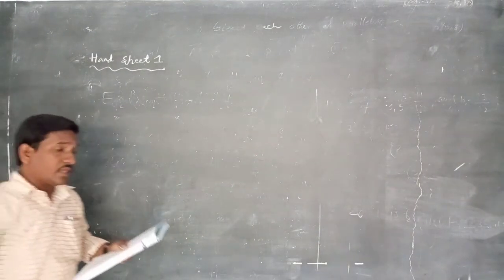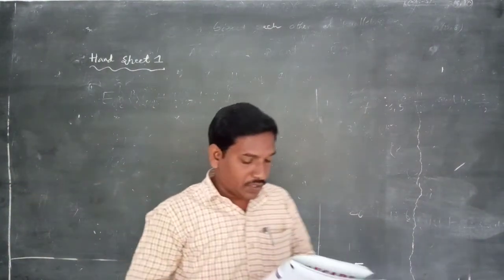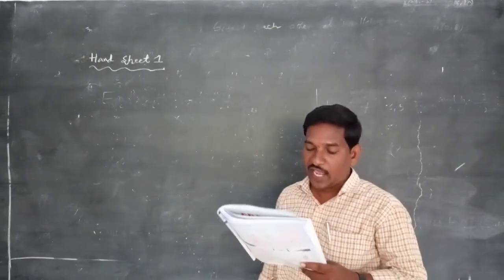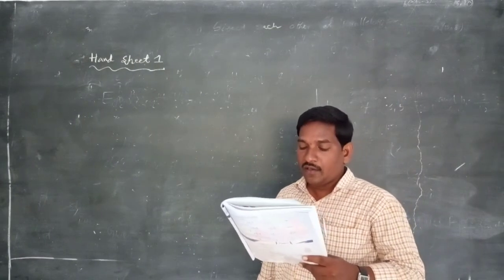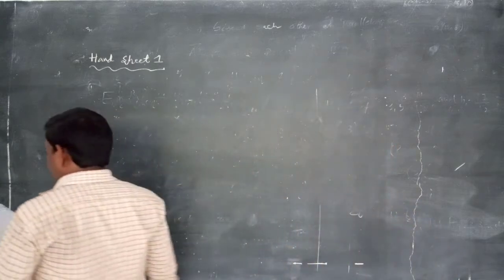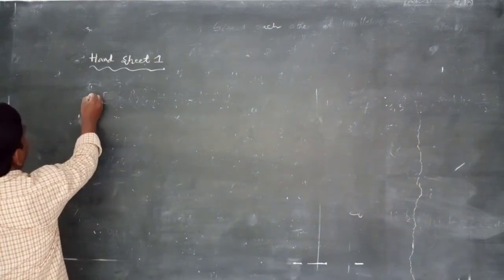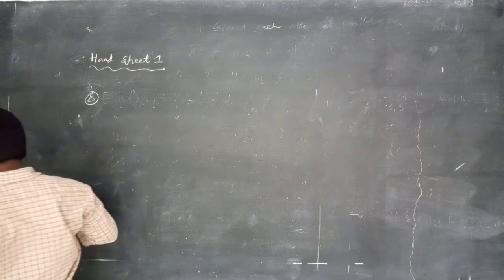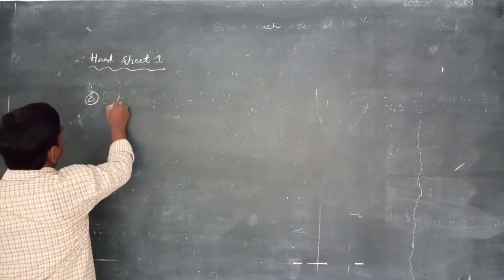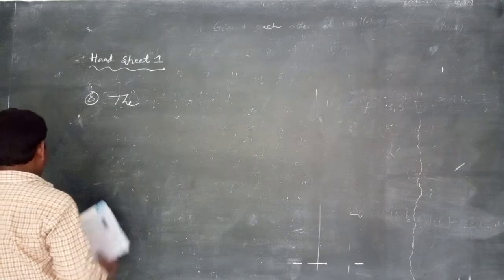Now, eighth problem. The fraction equal to 2 into m plus 5 by 9 for m equal to 2 is... the fraction problem.